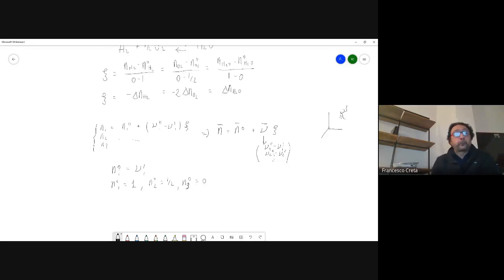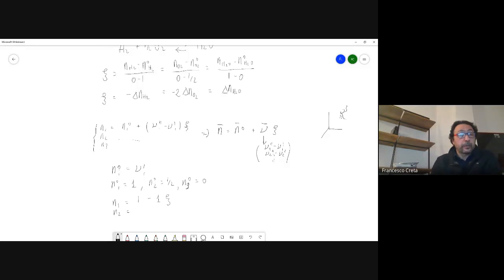Then I will apply these equations, this relationship, and I have that N1 is equal to 1 plus the difference in hydrogen here, which is 0 minus 1, so minus 1 times psi.